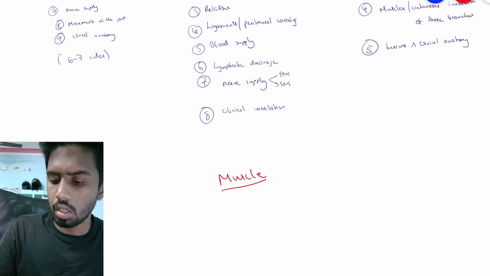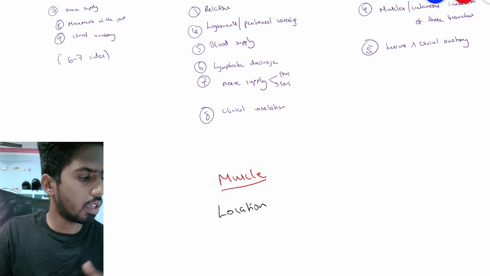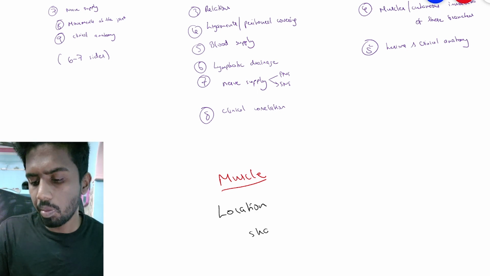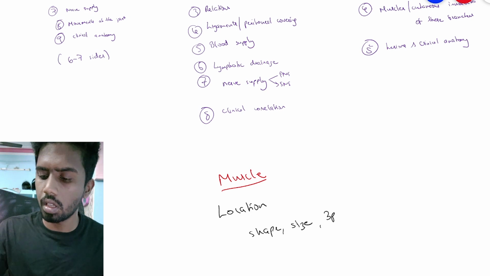You should write the location of the muscle where it is present, and then you write its shape, size, and if it has different parts, then the parts.